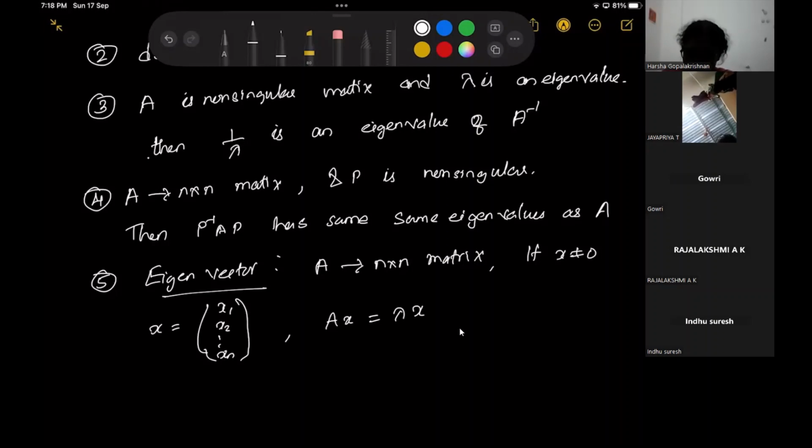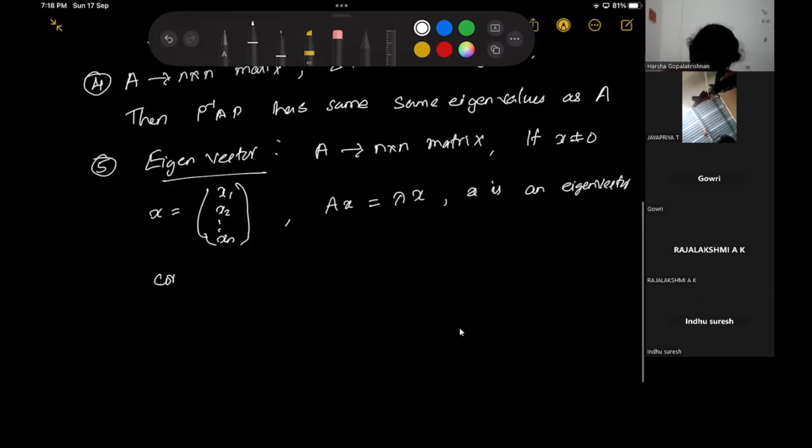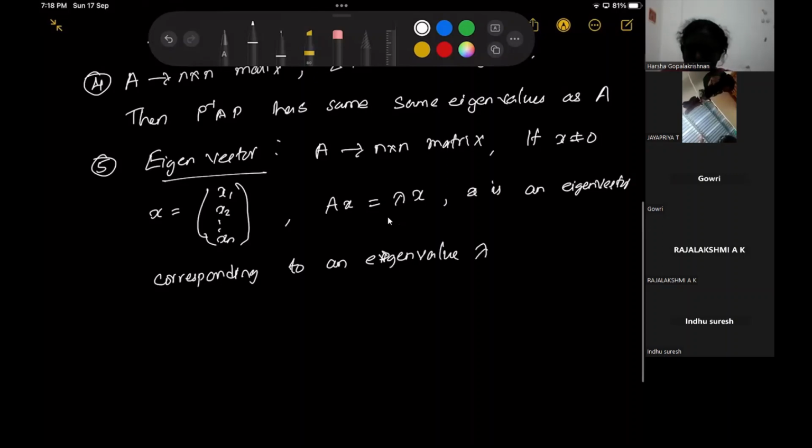In this case, we say x is an eigenvector corresponding to the eigenvalue lambda.